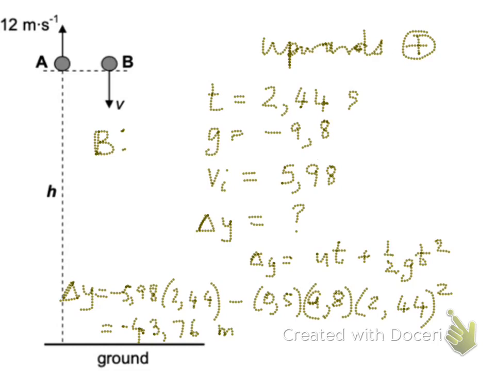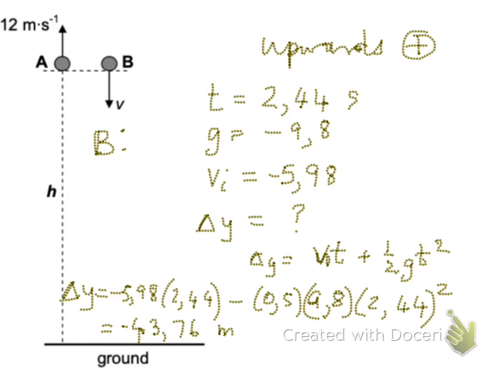That's the formula that we can use. Let me just change this one here. That's Vi. Okay, and then we substitute. So Vi, remember, it's downwards, so it's minus 5.98.